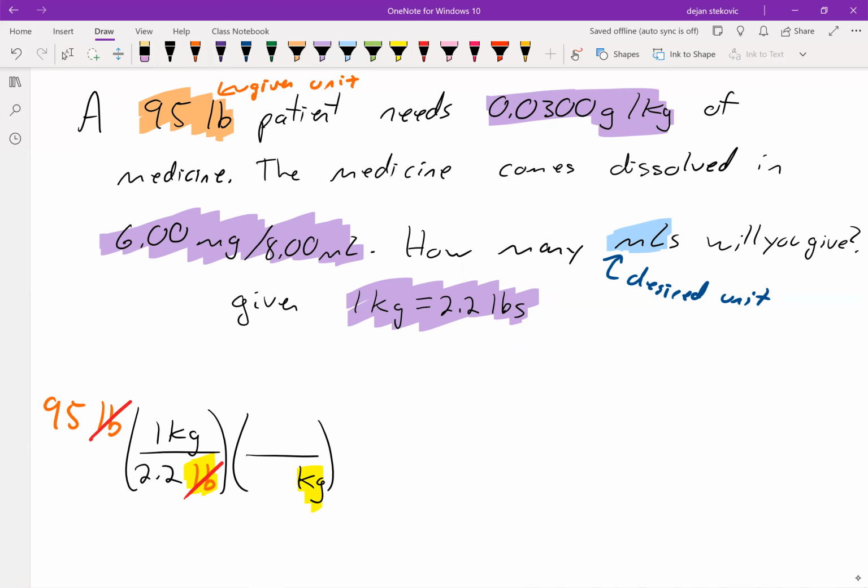The only other place that I have kilograms is up over here, where we have that 0.0300 grams of medicine per kilogram of body weight. So per kilogram, right, since that kilogram doesn't have a number in front of it, that's just a 1. And then on top goes the 0.0300 grams. And then my kilograms cancel out with the kilograms.